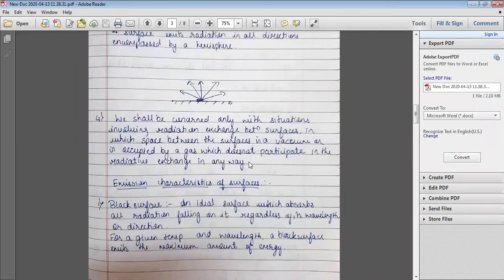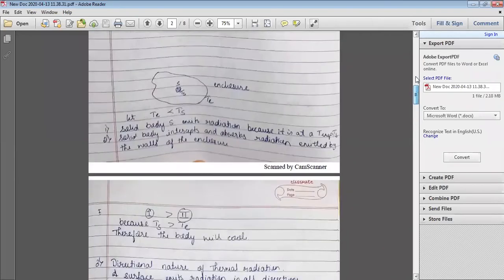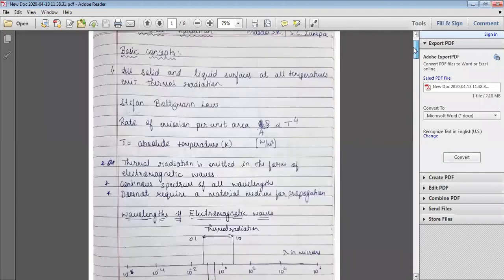Okay, so these are the four basic concepts which we have studied. The first one, let me repeat it once again.